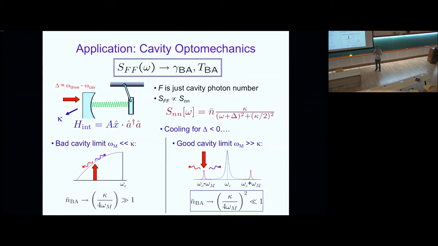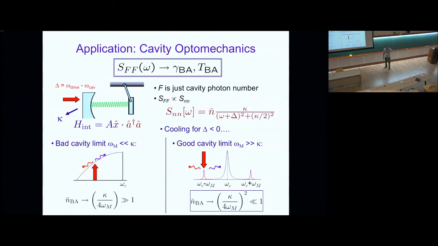I'm assuming that its line width is narrow enough that the density of states of the intrinsic mechanical dissipation looks pretty flat. So that's really something about the quality factor of the mechanical resonator. That doesn't involve the kappa of the cavity.